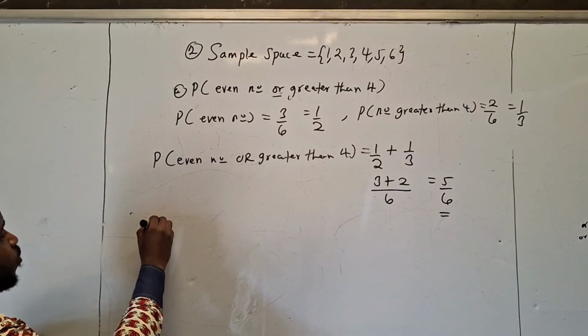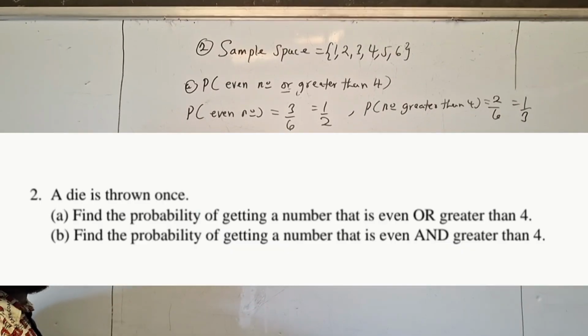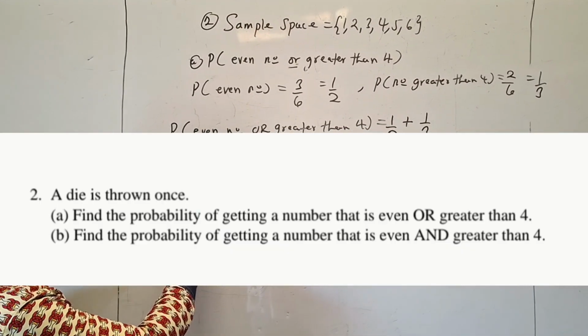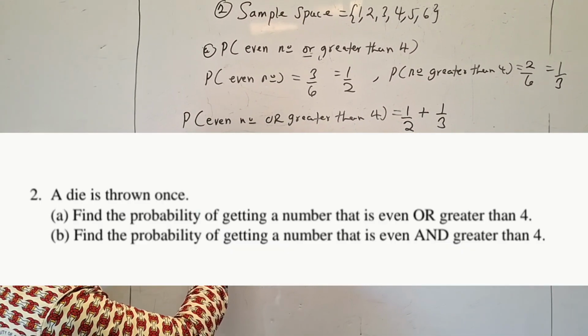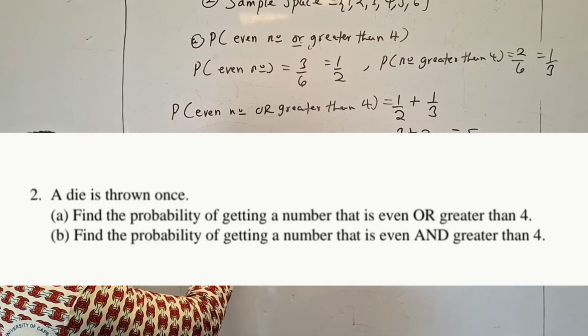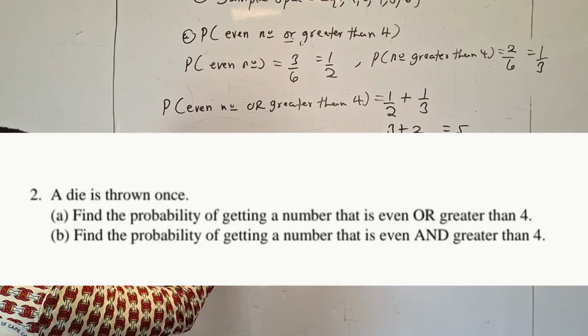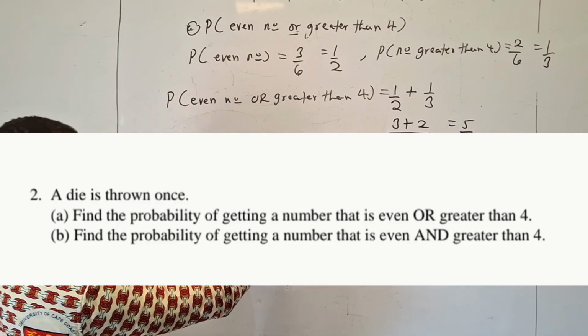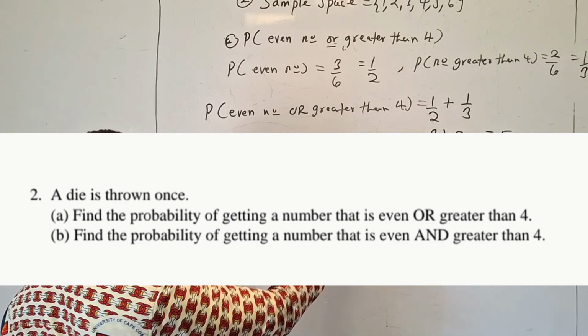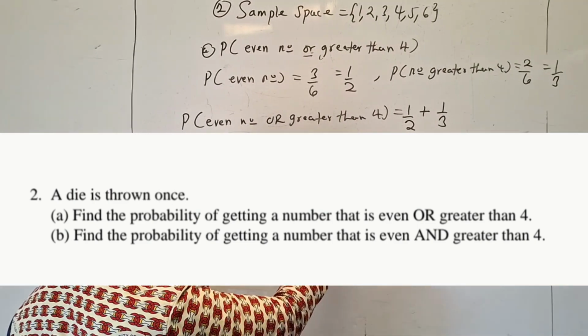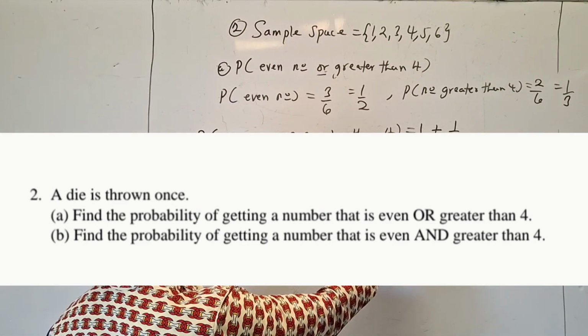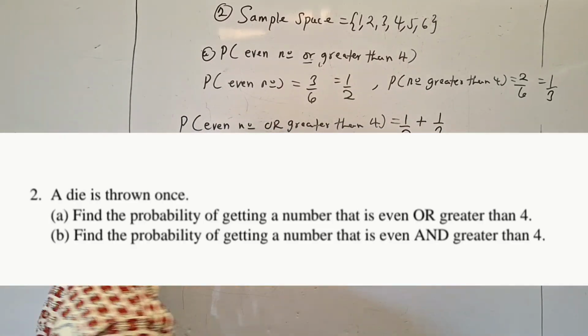Now the B, question 2b says that find the probability of a number that is even number and a number greater than 4.